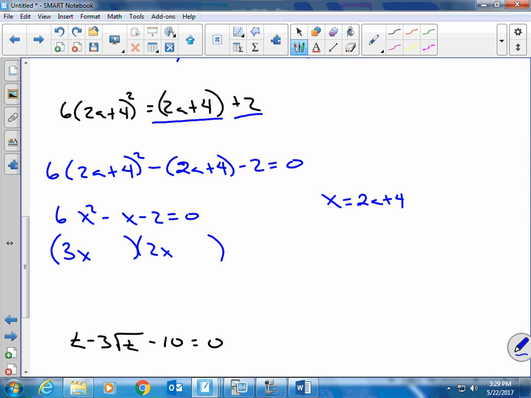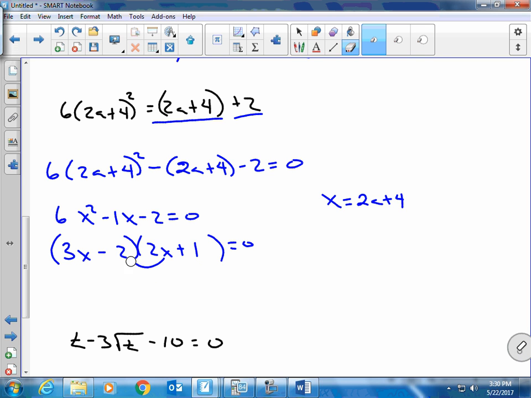Factors of 2 are 2 and 1. One's a plus and one's a minus. I have 3 and 4. 3 minus 4 does give me the one that I want. I want a negative 1. So my 4 needs to be negative, and my 3 needs to be positive. So a negative 4 plus 3 gives me the negative 1 that I want. So I've factored this thing.